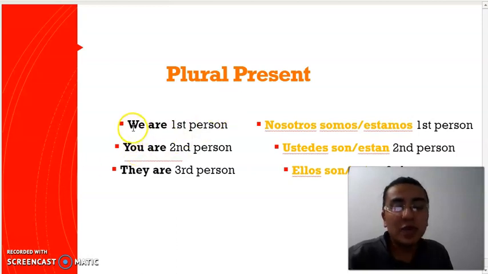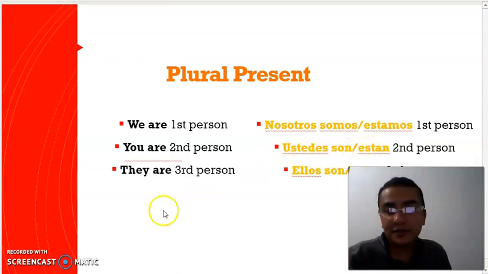Now we're gonna take a look at the plural. Now, plural in present. We say we are in the first person and it translates nosotros somos o nosotros estamos in the first person in Spanish. Same as you are for the second person, they are for the third person in English. Now in Spanish we have them as well and they translate right here.